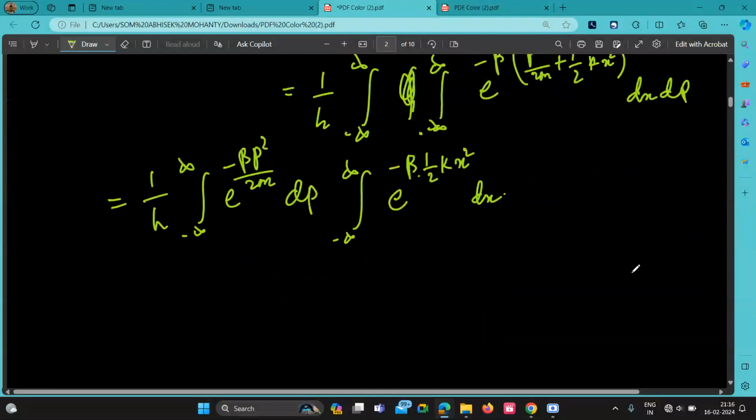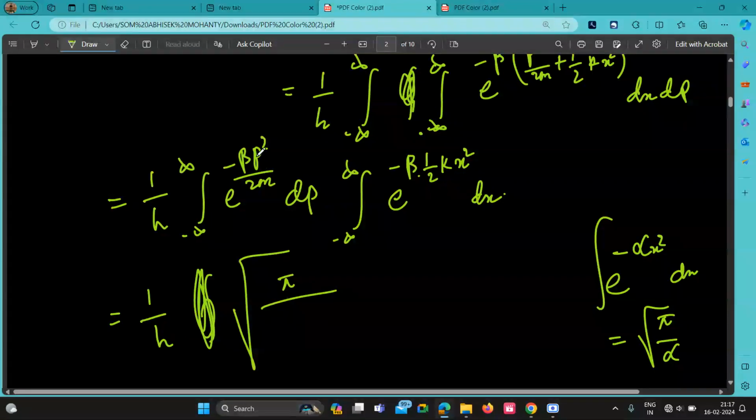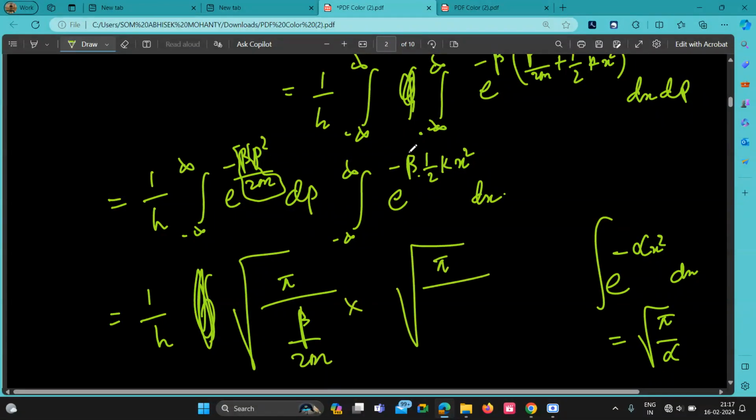Integration of e to the power minus alpha x squared dx is root of pi by alpha. So 1 by h, the integration will be root of pi by alpha. In place of alpha there is beta by 2m, into root of pi by beta k by 2.